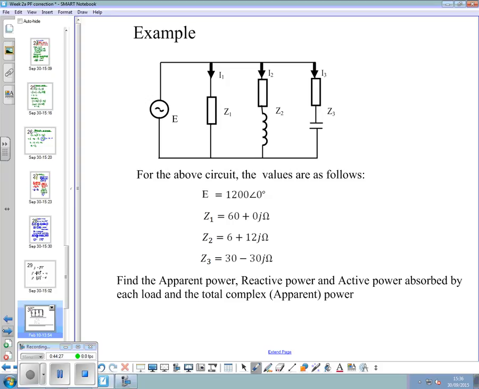Z2 is a resistor and an inductor in series, so 6 plus 12j ohm impedance. And the third impedance is a resistor and a capacitor in series, so it's got a 30 minus 30j ohm impedance. And the question is asking us to find the apparent power, reactive power, and active power absorbed by each load, and the total complex or apparent power S.